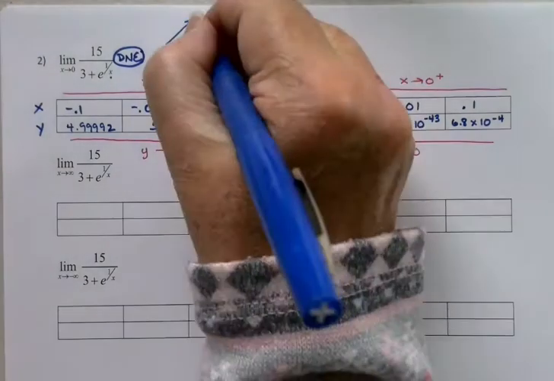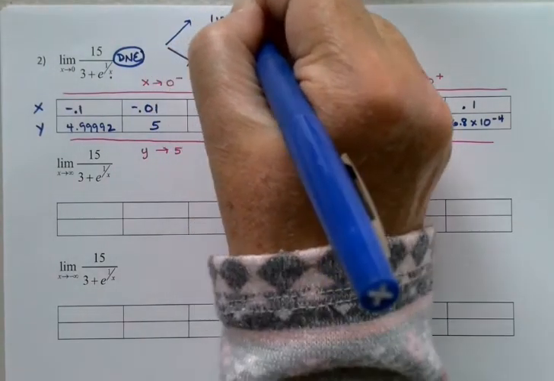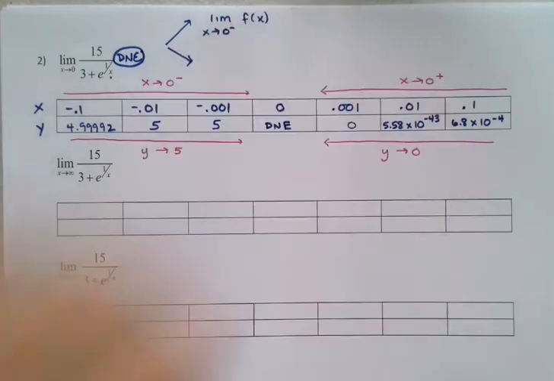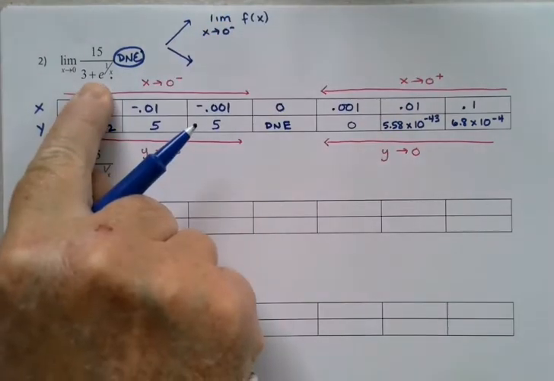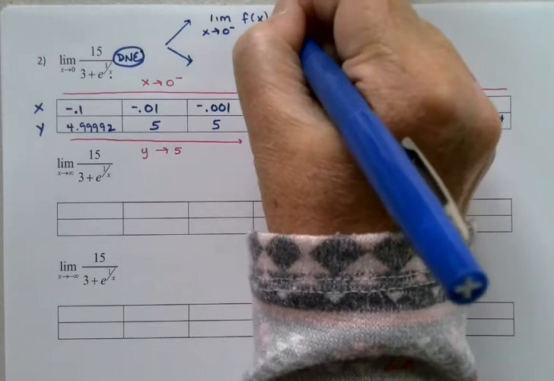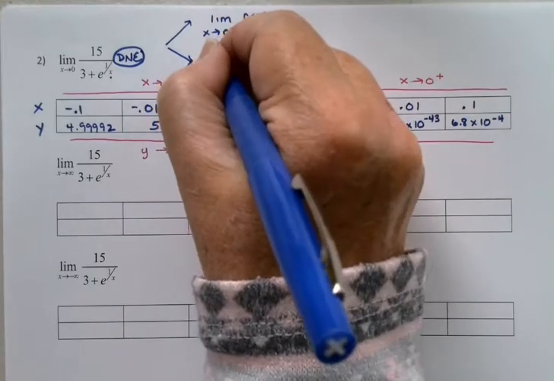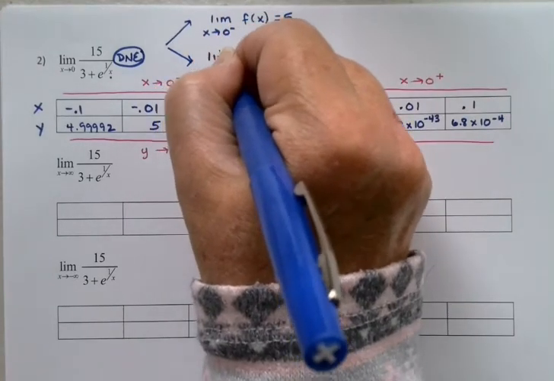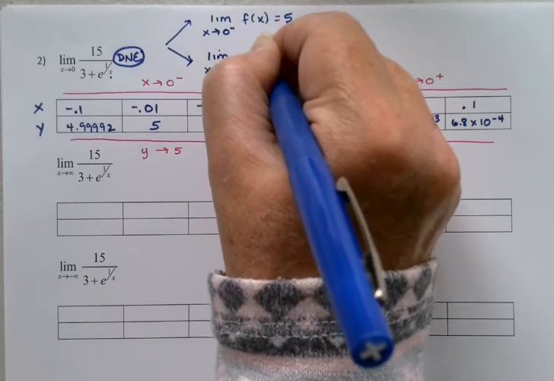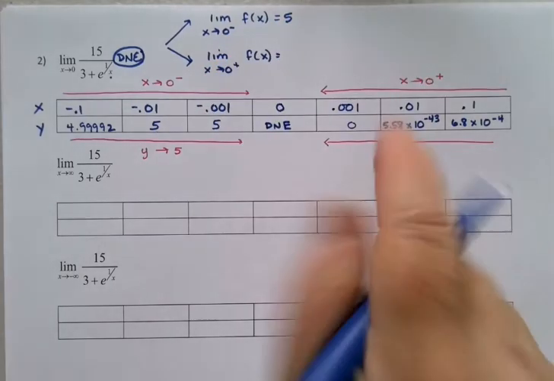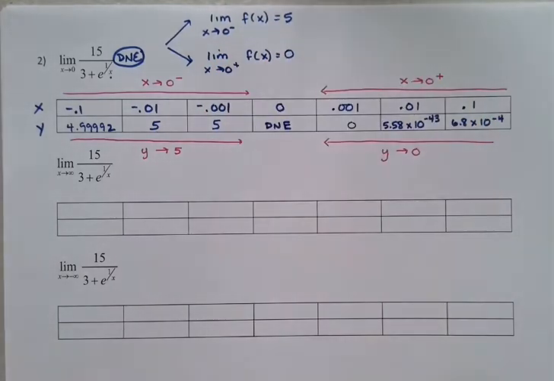The limit as x approaches 0 from the left of f of x for this function is 5. And the limit as x approaches 0 from the right for this function is 0. I'm expecting then a jump in the graph because the two sides won't connect, right? They come to different limits.